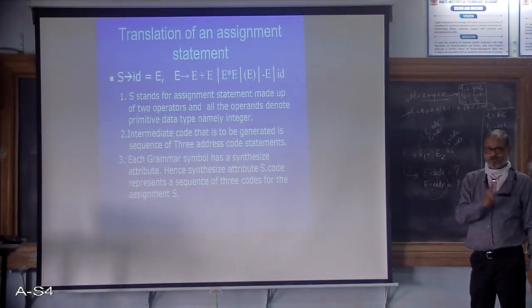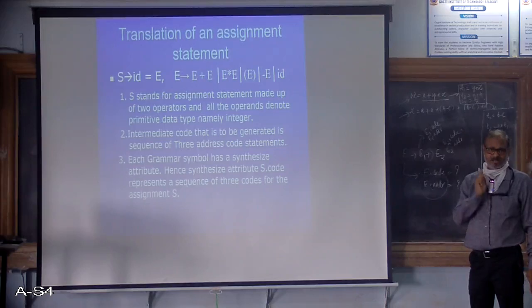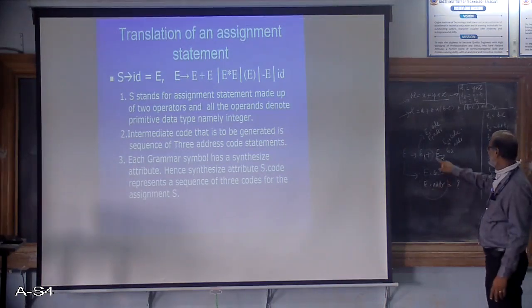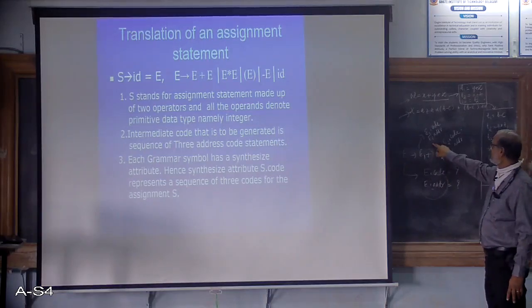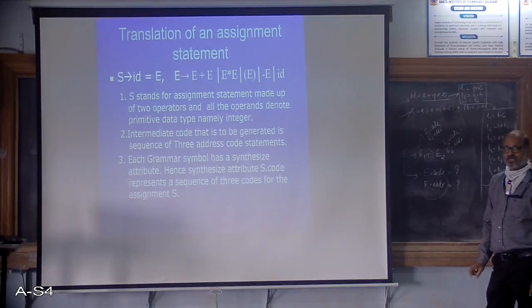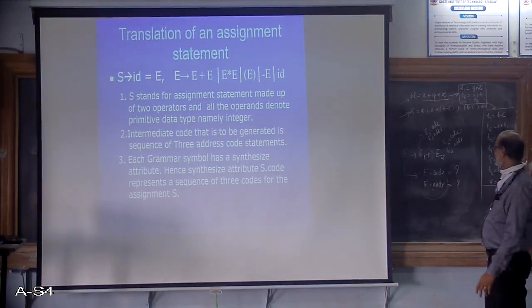So first, when I execute the semantic actions, it has to generate a new 3 address code to evaluate this using E1.address, E2.address. That becomes E, so E.address.